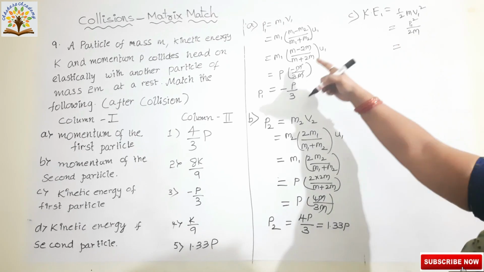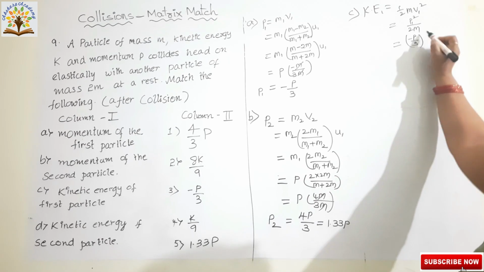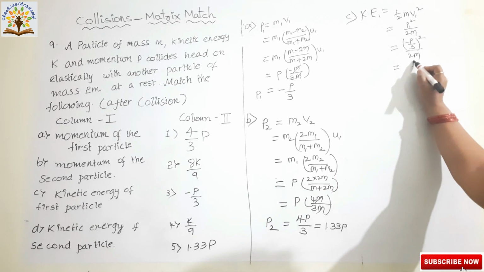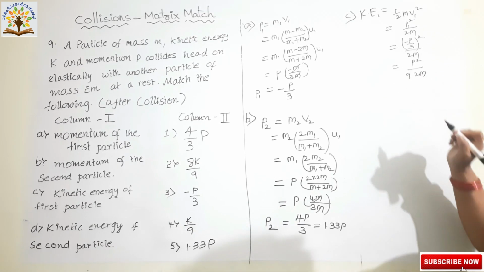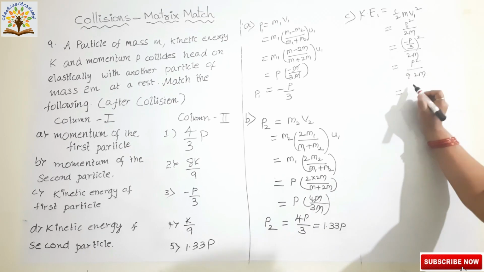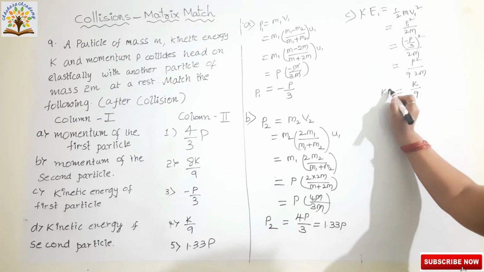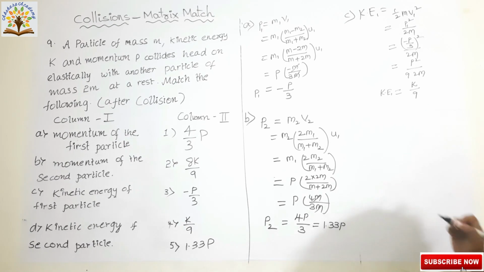What is p1? Minus p by 3, whole square by 2m, that is p square by 9 into 2m. This p square by 2m can be written as K. So the kinetic energy of the first particle is equal to K by 9.